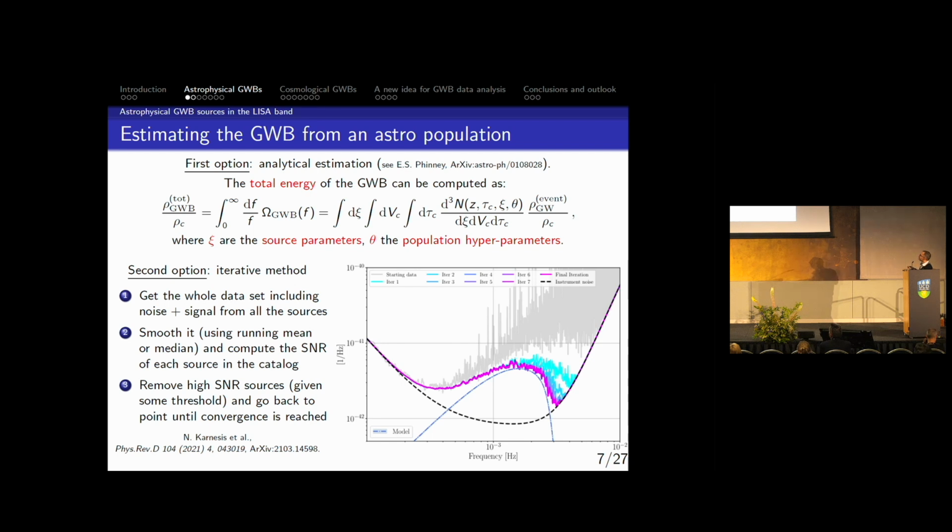You do this, you find out a set of sources which are sufficiently loud to be removed. You remove them, you get this cyan line. You repeat. At some point, you reach the point where this procedure converges. There are no sources which are removed anymore. And that is basically the estimate of your overall confusion noise due to a catalog.